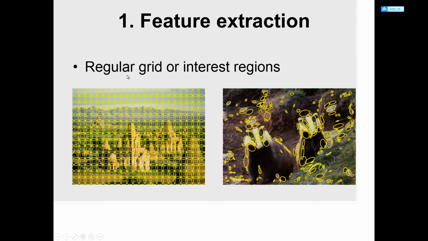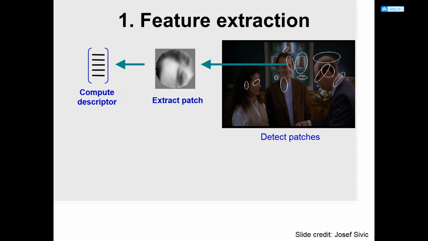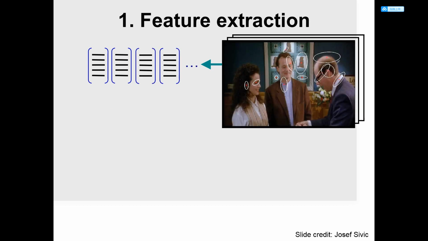You can do it regularly, just over a grid, or you can use interest regions, for example using key point detectors as in SIFT and other approaches. After the key point extraction, you need to extract the features, that is, extract the descriptor. Again, we talked a lot about that in SIFT. So we have the descriptor there.